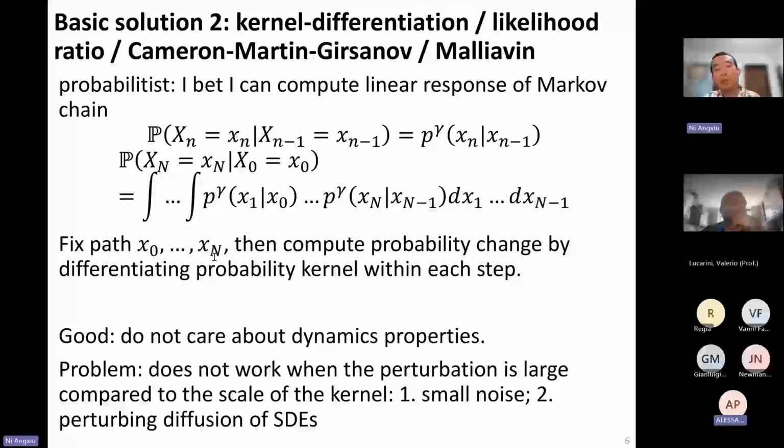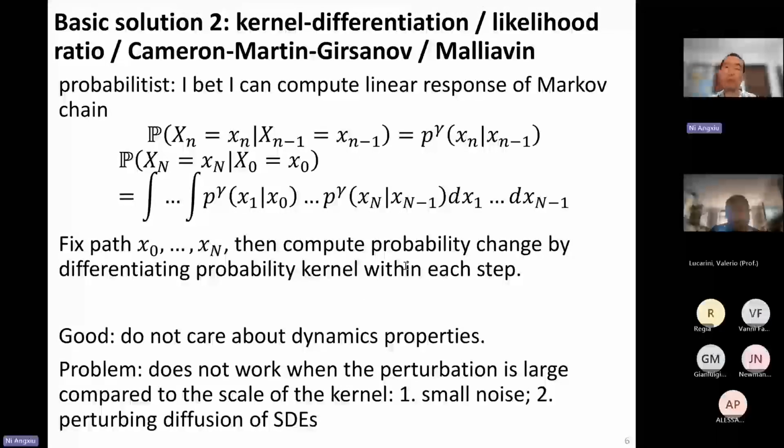Then with this path fixed, we can compute how the probability of obtaining the same path would change when we have a different parameter gamma. Okay, so if you compute the probability change for each path, then you can use that information to express the linear response.